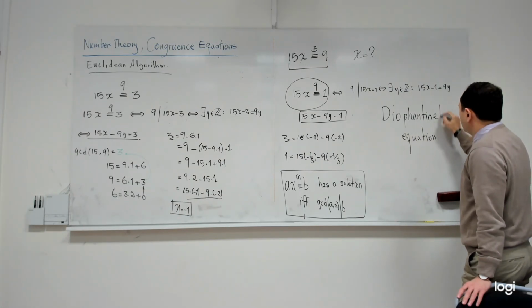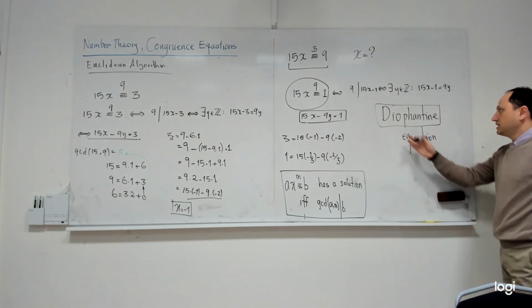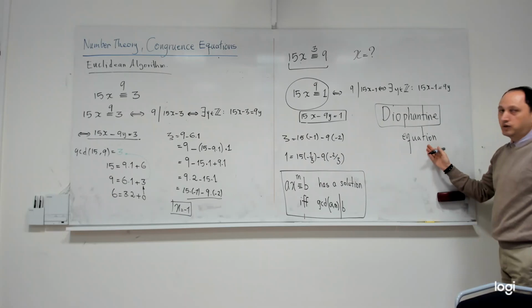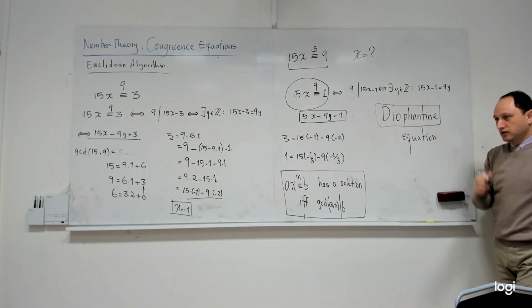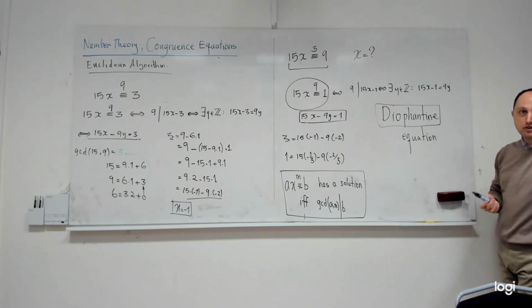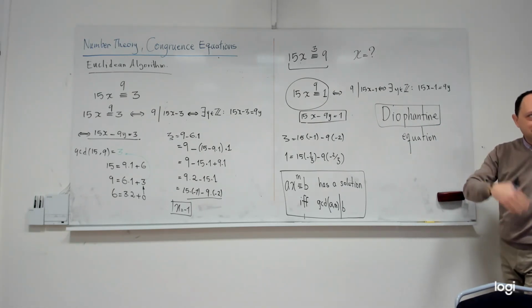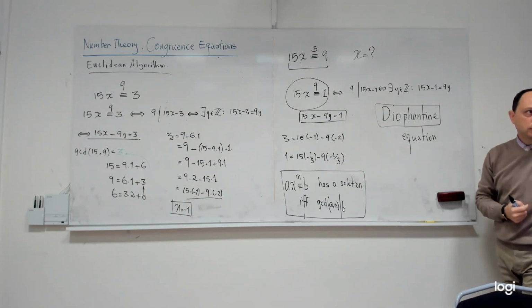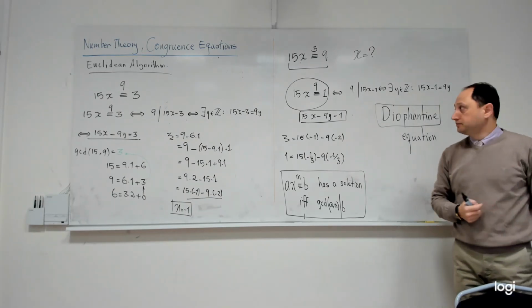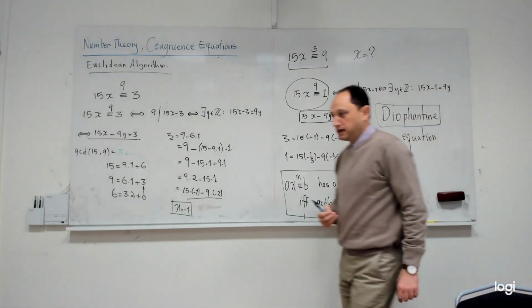This is from a Greek mathematician, Diophantus. So Diophantine equations in number theory are equations in which the number of equations is less than the number of unknowns, and then you want to solve. It is also good to know this name.